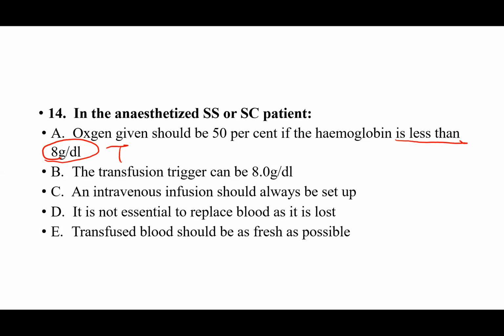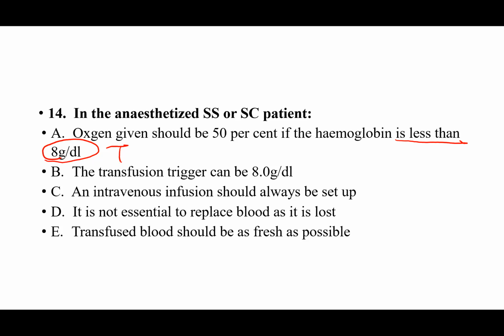B, the transfusion trigger can be 8 grams per deciliter. True or false? Hashim, sir, you are quiet.